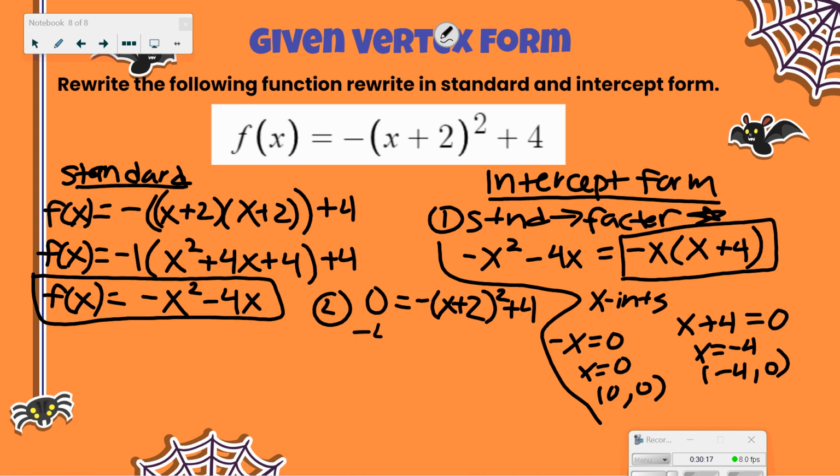Good job. So you'll have negative 4 equals negative times x plus 2 all squared. And then what would you do to get that x plus 2 squared by itself? Awesome. So we're going to have 4 equals x plus 2 all squared.